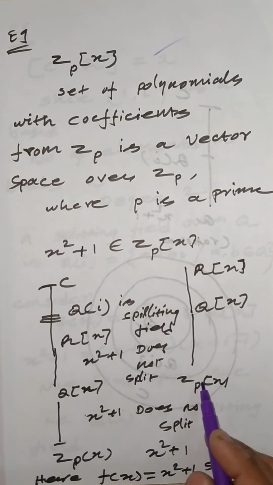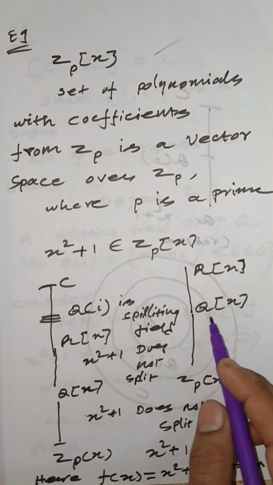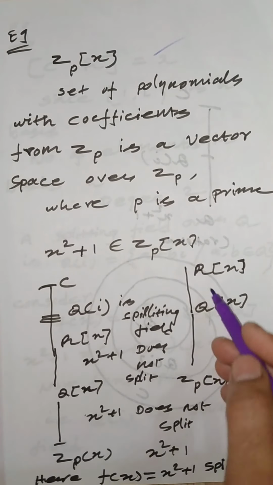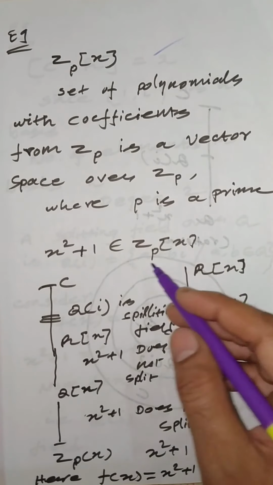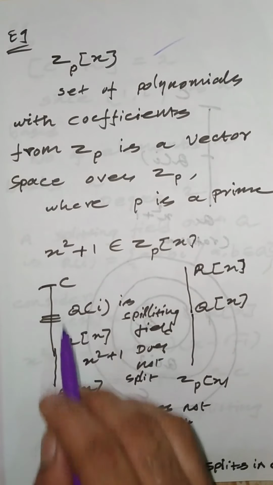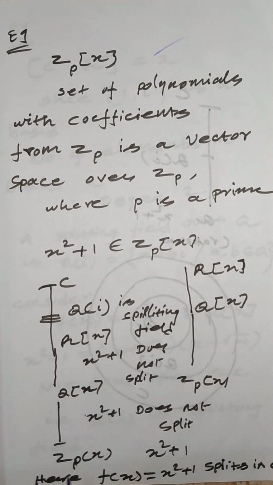From this, you can extend to Q, that is the rationals, then you can extend to the reals. But I take the polynomial x square plus 1 and ask where the polynomial splits. That is very important.